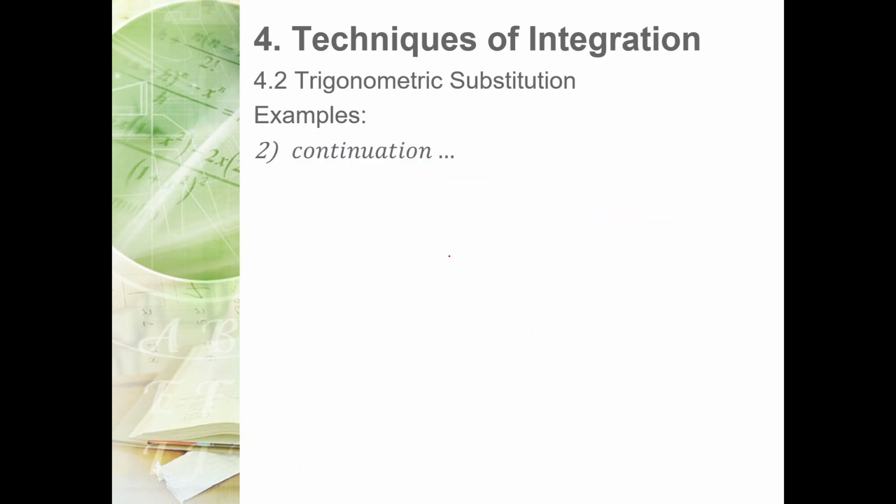Let's try to continue it on the next slide. So again, that's negative 1/3 ln of cosecant theta plus cotangent theta plus c.